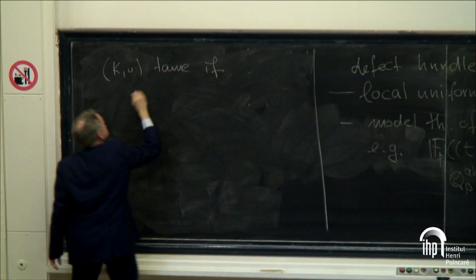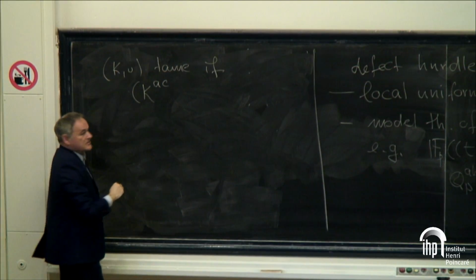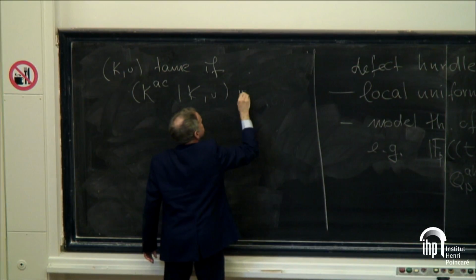A field K is tame if it is Henselian and the extension to the algebraic closure is tame.